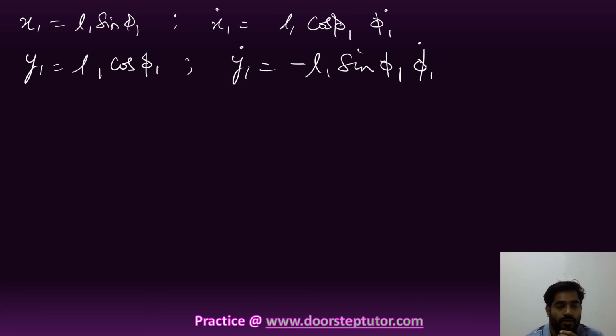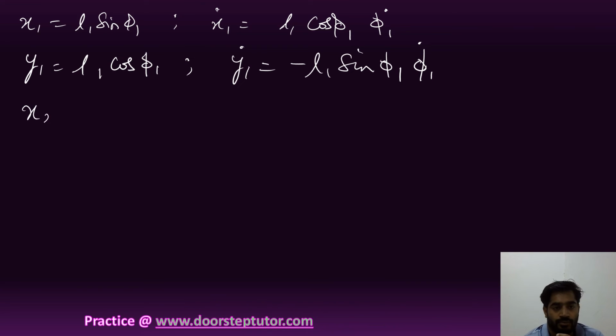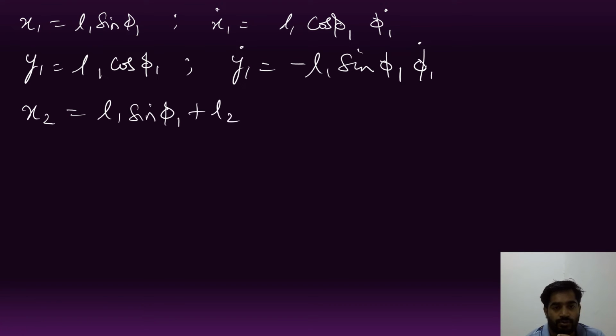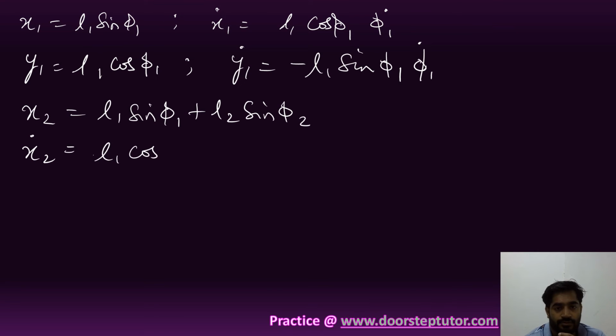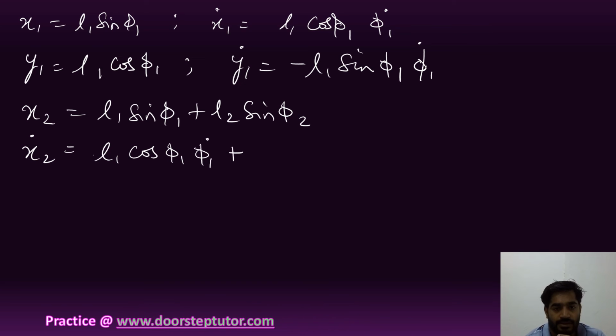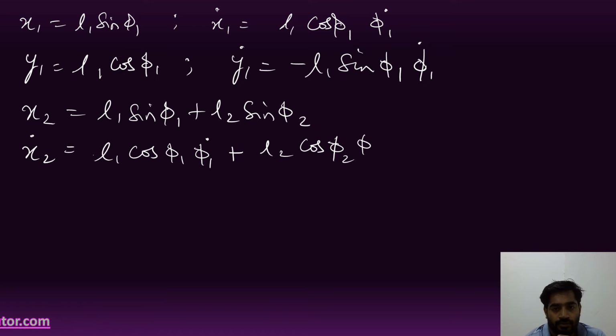Now x2 was L1 sin phi1 plus L2 sin phi2, so x2 dot is L1 cos phi1 phi1 dot plus L2 cos phi2 phi2 dot.